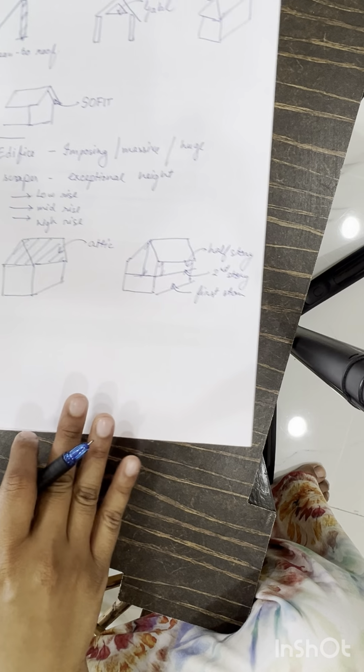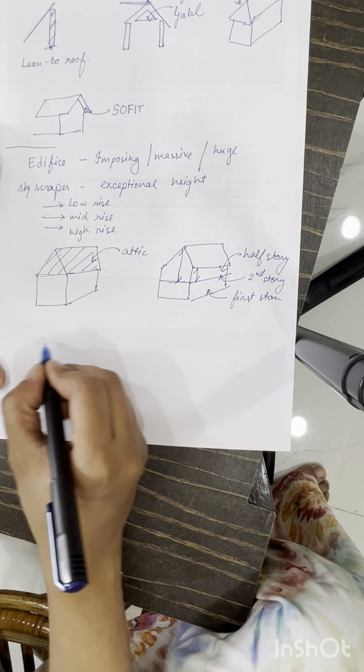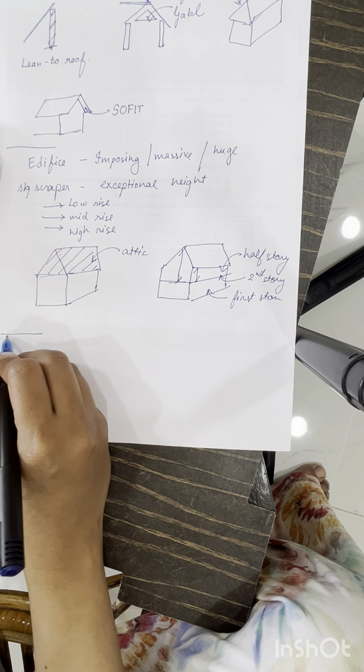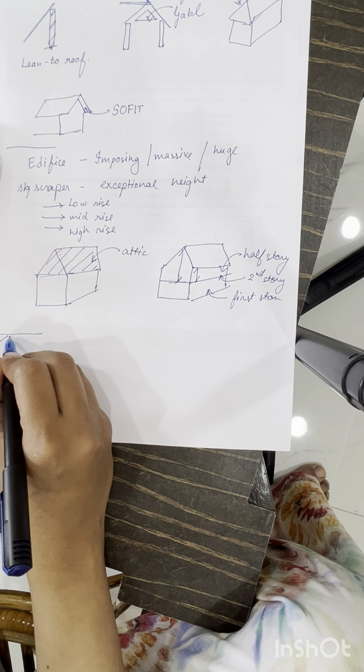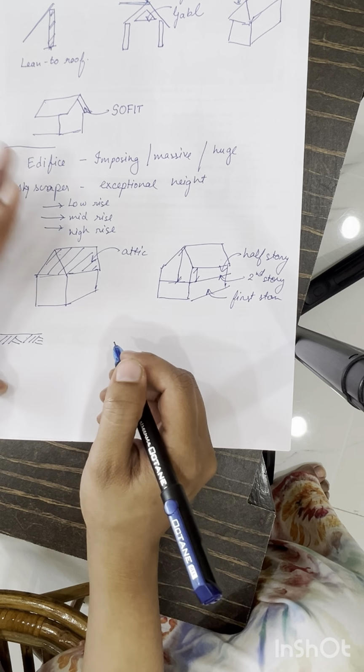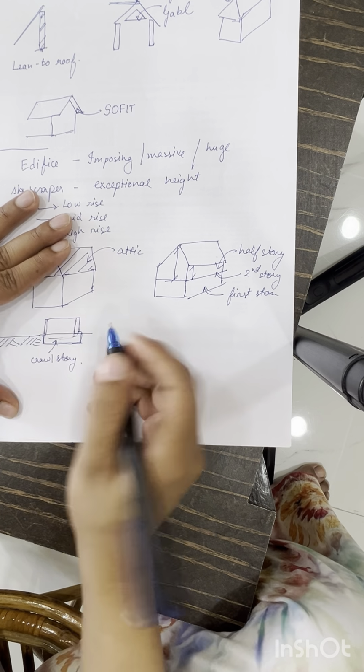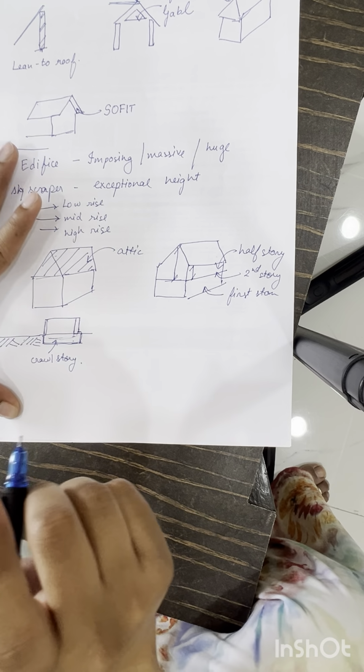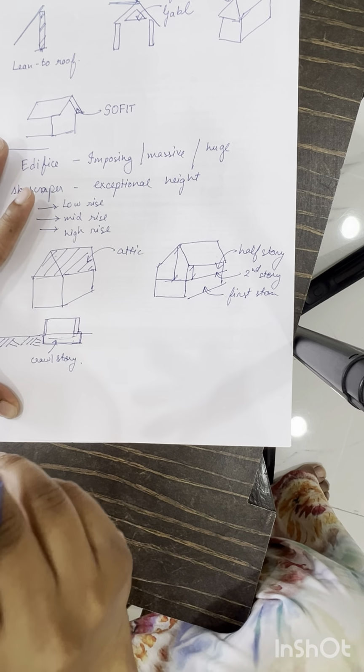The next term is a crawl space. Suppose this is my ground. This is where crawl space is, not basement. Crawl space is just high enough जिसमें मैं crawl करके जा सकूं. Next term is a cellar.